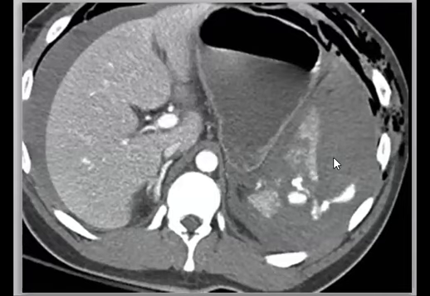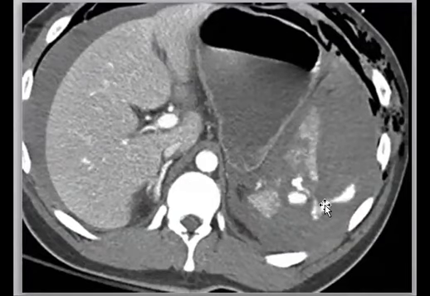And as you see, the spleen is shattered, perfect. So for this patient you will ask about the history, and surely it will be trauma, with active hemorrhage, active extravasation.